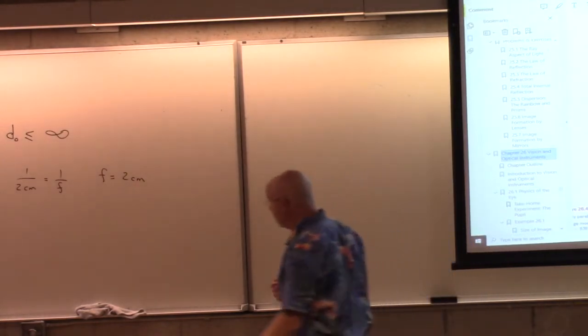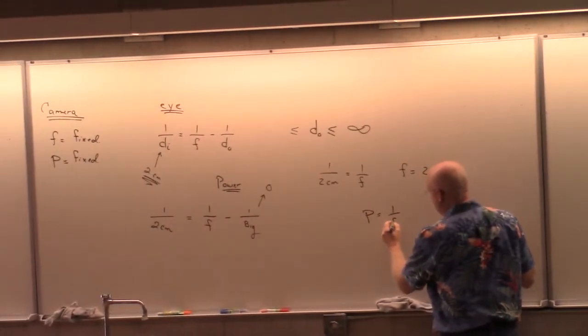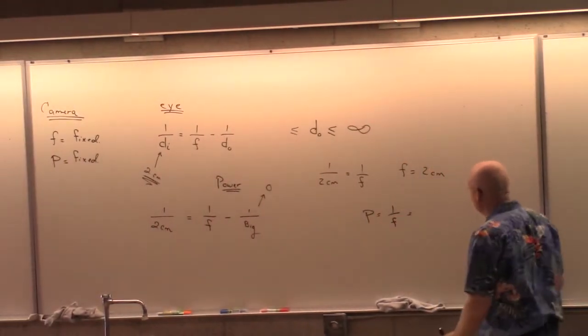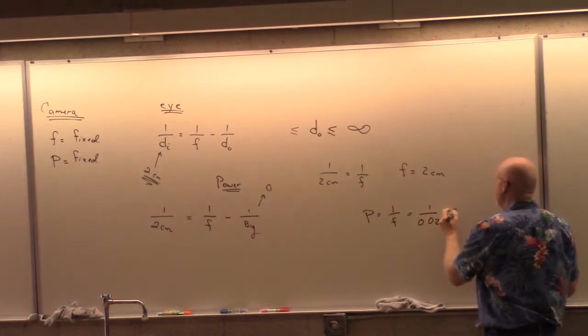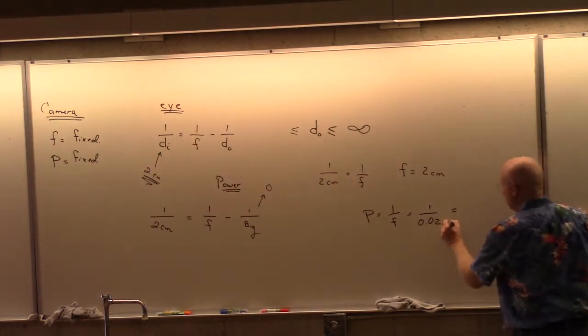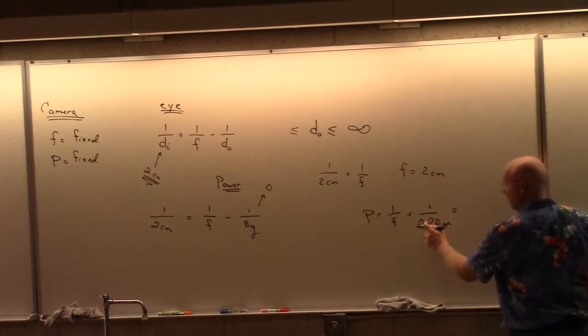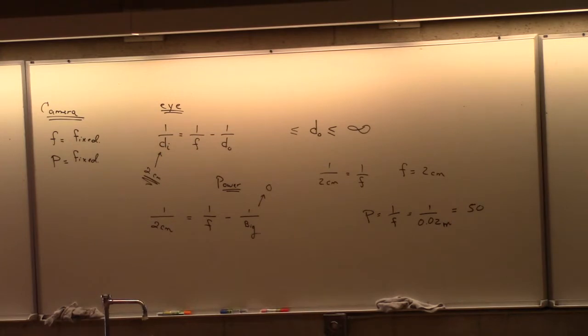And so if I go to calculate the power, which is 1 over the focal length, it is tradition then to do the power in units of meters. And so, let's see, 1 over 0.02 is 50.